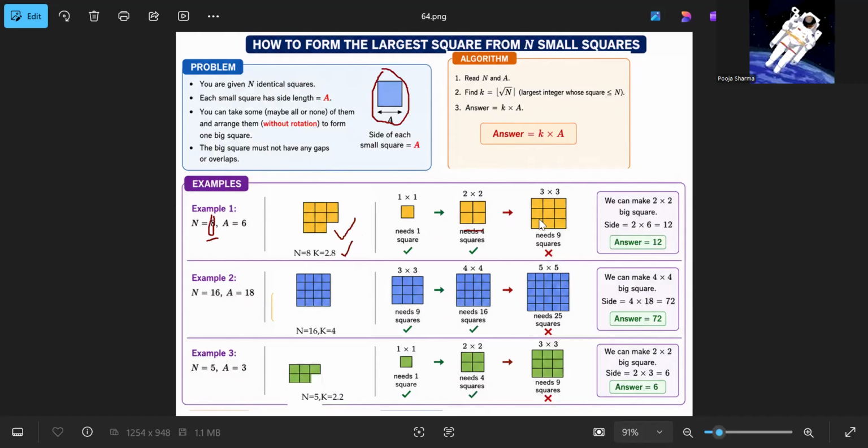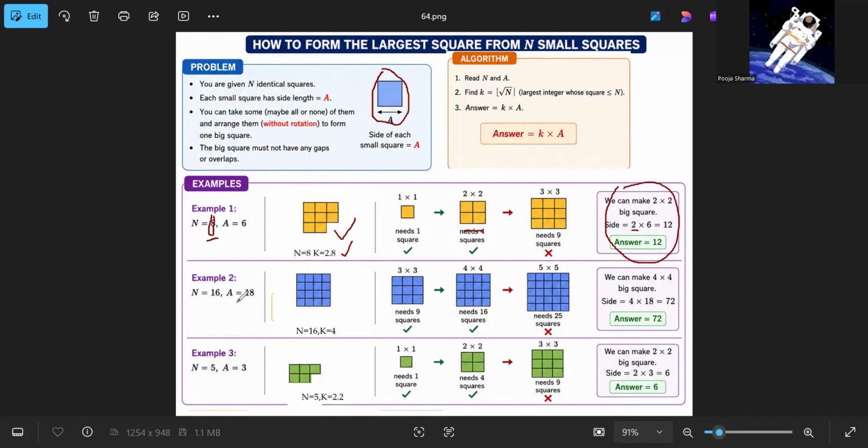For 2.8, I cannot create it; I need to have 3. So here I can create a maximum square of 2 into 2, so the value of k will become 2. 2 multiplied by the value of side, that is 6, will give you 12 as an answer. You can make a big square with only 2 into 2, since you only have n equals 8.